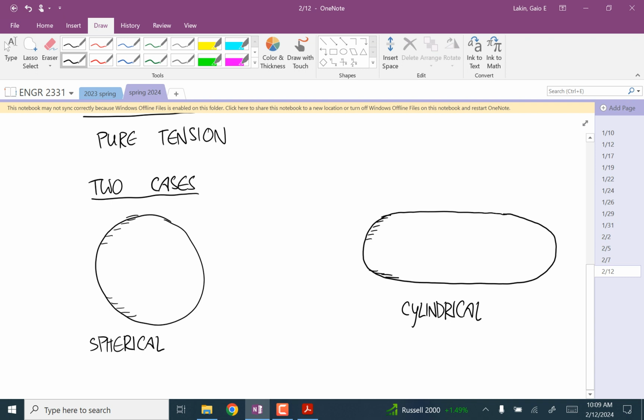So in both cases, we're going to have an outer pressure, let's call that P outer, and an inner pressure, P inner.